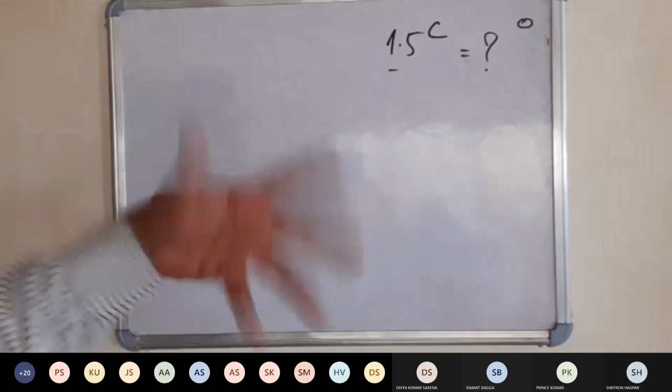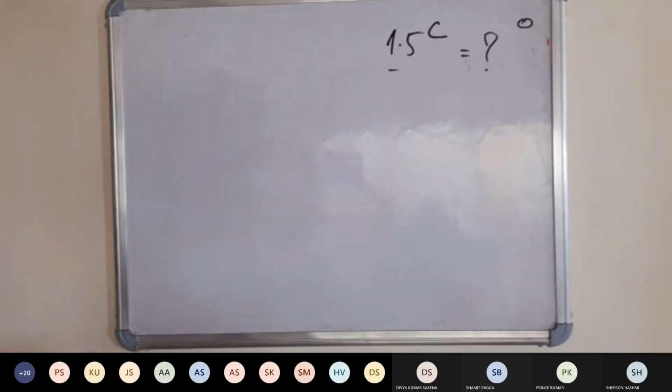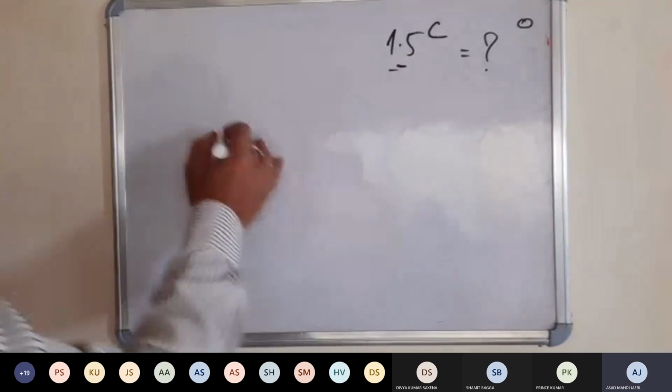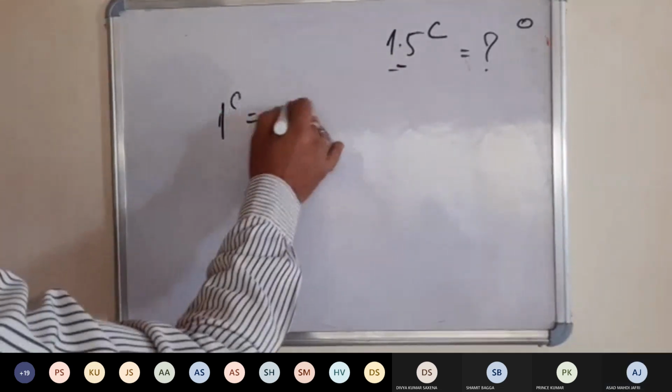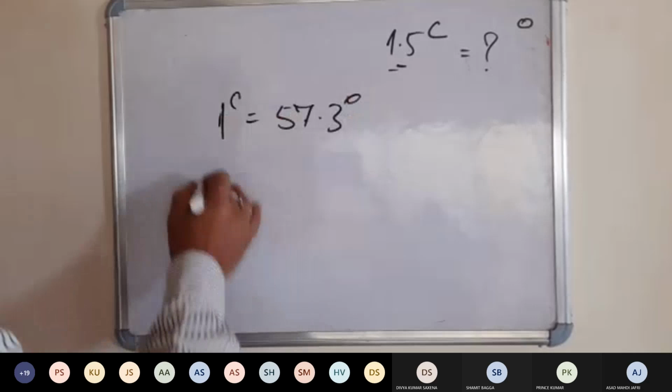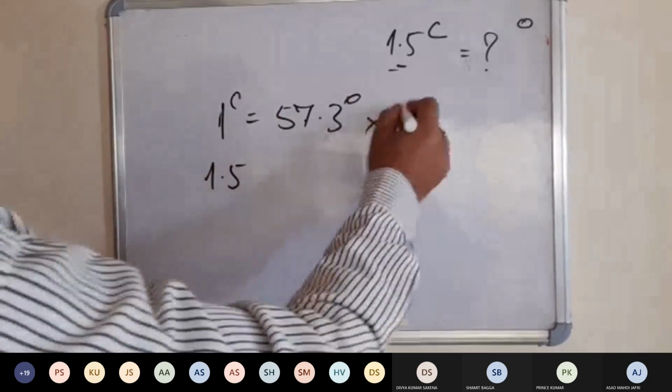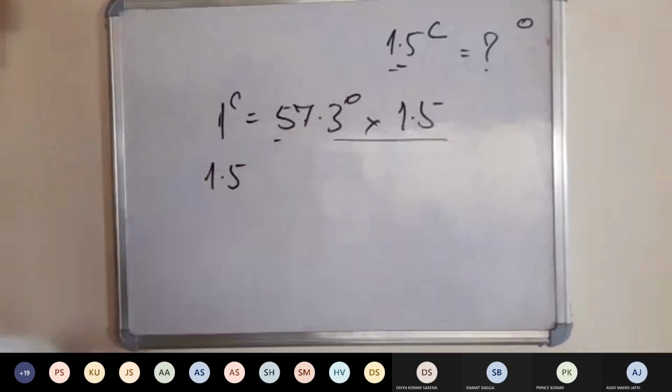So radian should be converted to what we use generally, the degrees. 1 radian is equal to 57.3 degrees. So 1.5 is equal to 1.5 into 57.3. 85.9, sir. 85 degree 57 minute. Very good. Ekdam sahi baat.